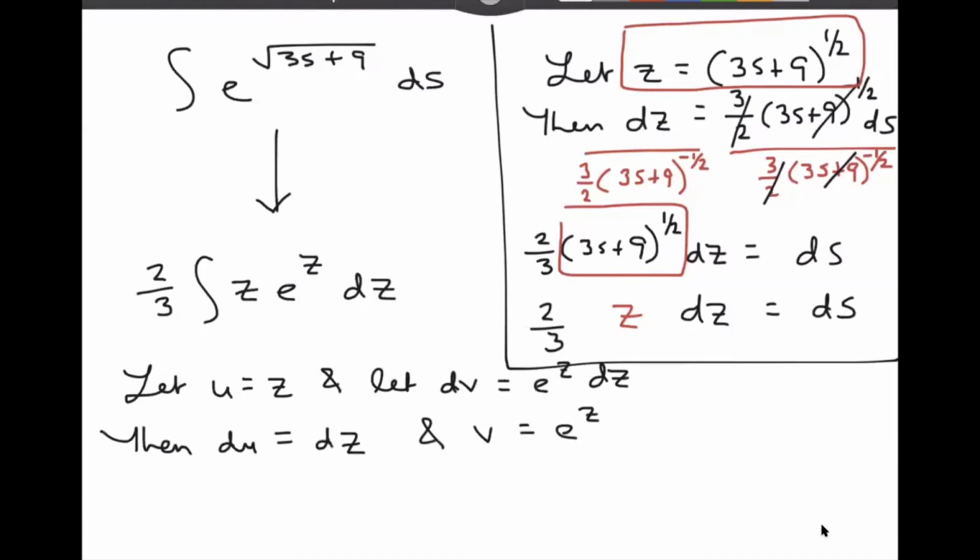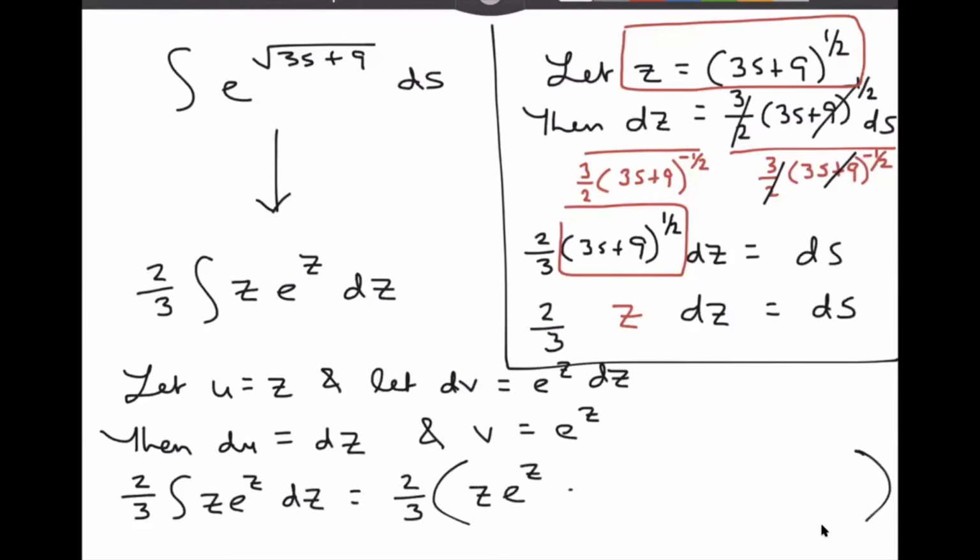All right, so I better be careful here. I got this 2/3. 2/3 integral z e to the z dz is going to be 2/3 uv, which is z e to the z, minus integral v du, which is just integral e to the z dz.